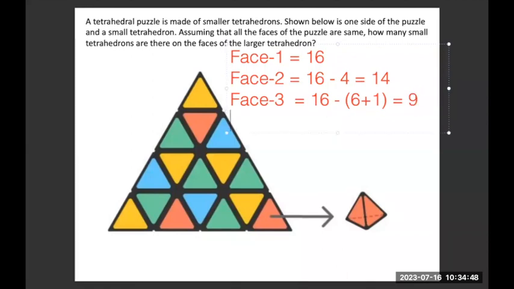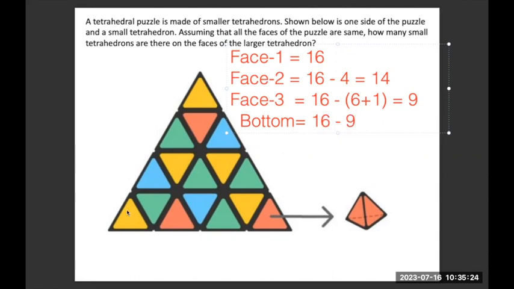Now I am left with the bottom face. So bottom will have again 16. If this is the bottom, all these 1, 2, 3, 4, 5, 6, 7, 8, and 9. 16 minus 9.